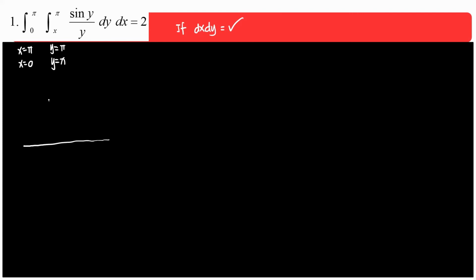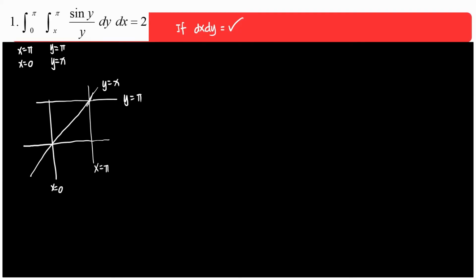For the limits, y equals x is a line, y equals pi. Let's just say this is pi. So that's y equals x, that's y equals pi, x equals 0, and x equals pi. So x equals pi, this is x equals 0. So from the figure, y equals x up to y equals pi, you know that it should be the upper triangle that we have to consider.